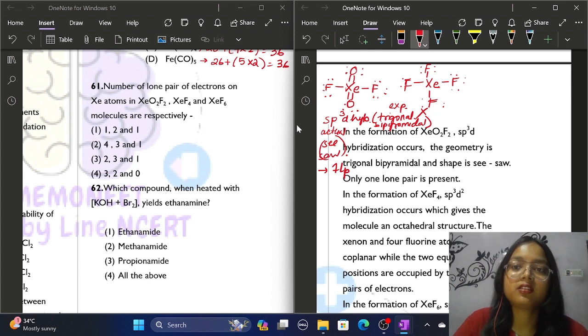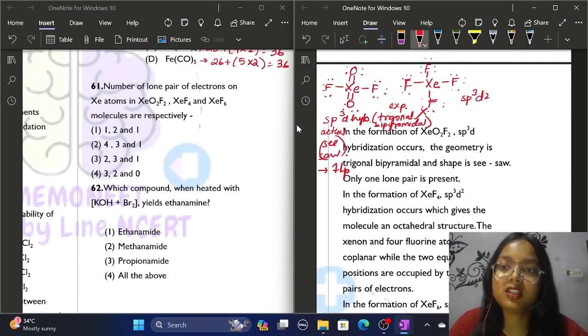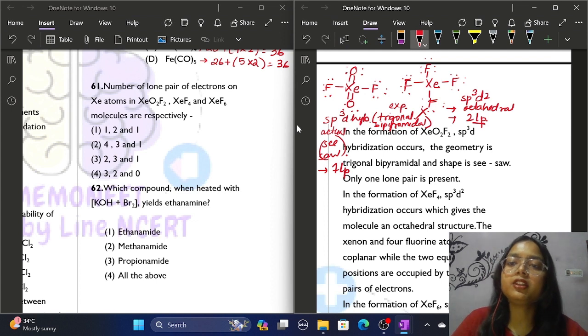Fluorine will have three lone pairs. This structure will have hybridization of sp3d2 and octahedral geometry, and the lone pairs on the xenon atom will be 2.